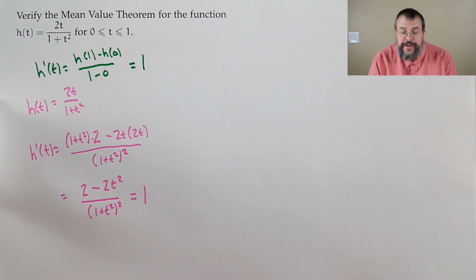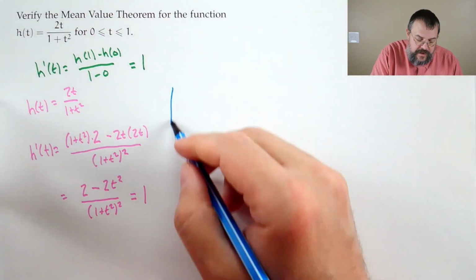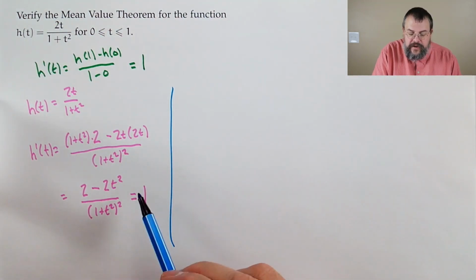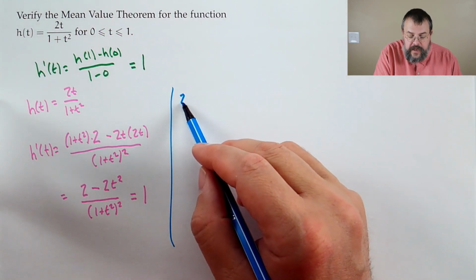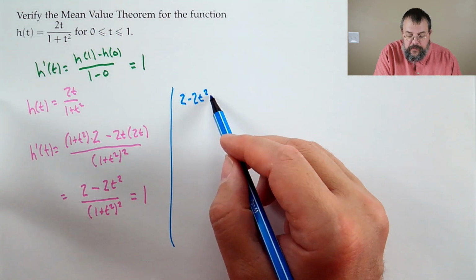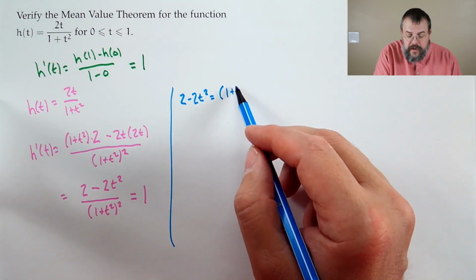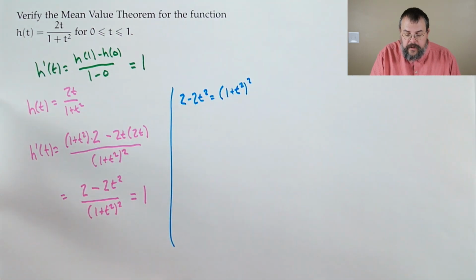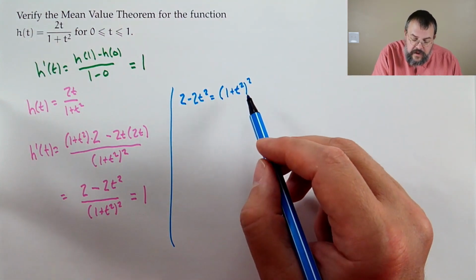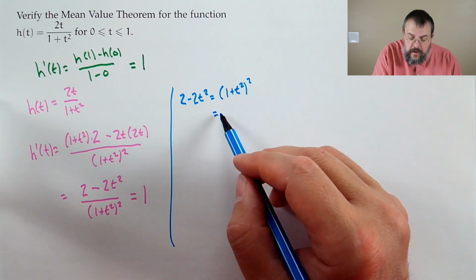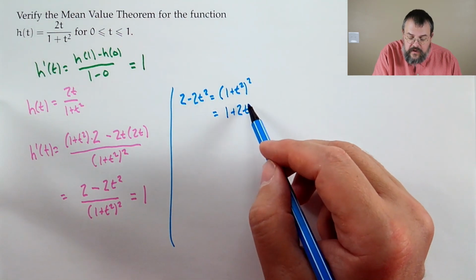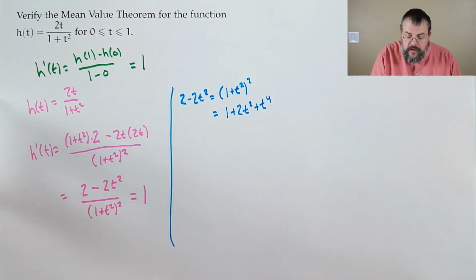Okay, how hard could that be? All right, well, we'll find out. So, we continue. Again, I like to get rid of fractions. So we need to find a place where 2 minus 2t squared is equal to (1 plus t squared) squared. Well, this is the same as 1 plus 2t squared plus t to the fourth.